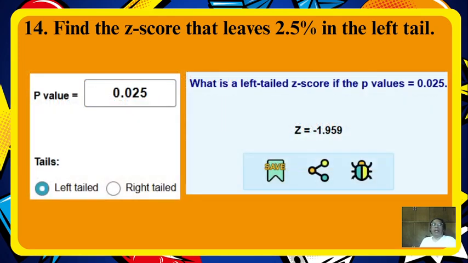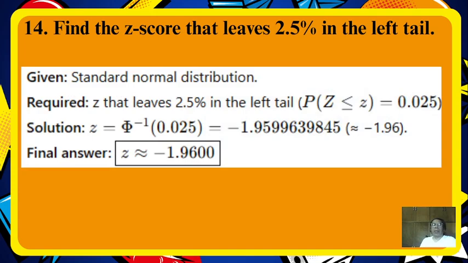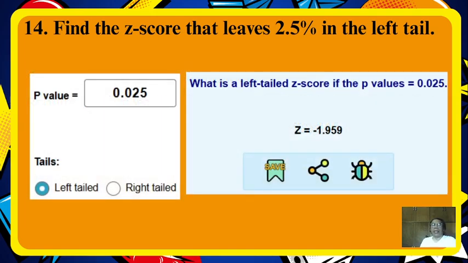Yes, using our math portal, the answer is negative 1.959. So, negative 1.96 and negative 1.959, well, we can say it's correct. So, you can use any of the values.